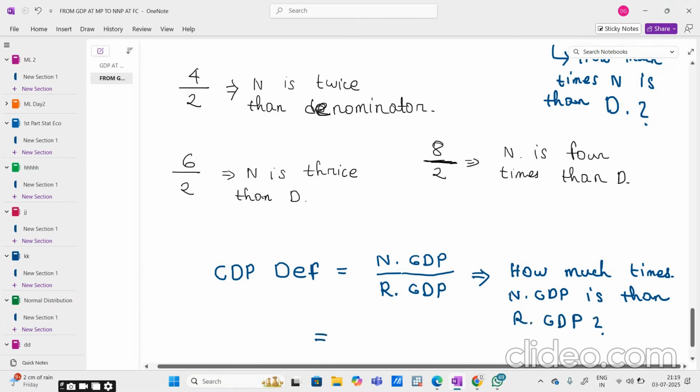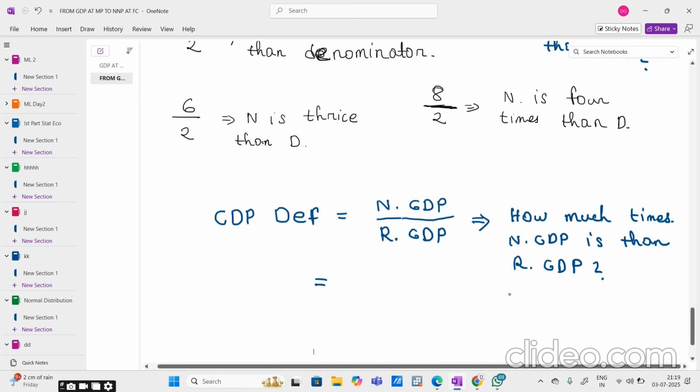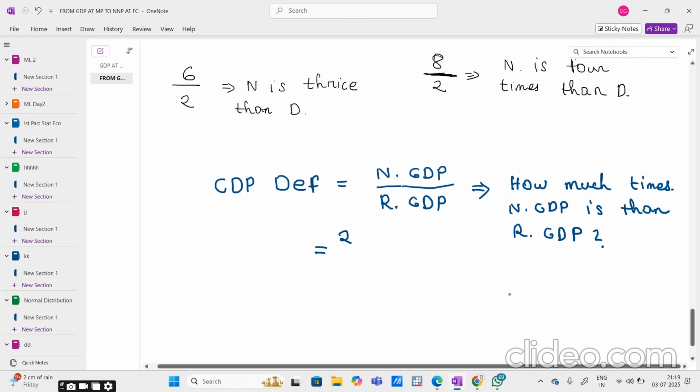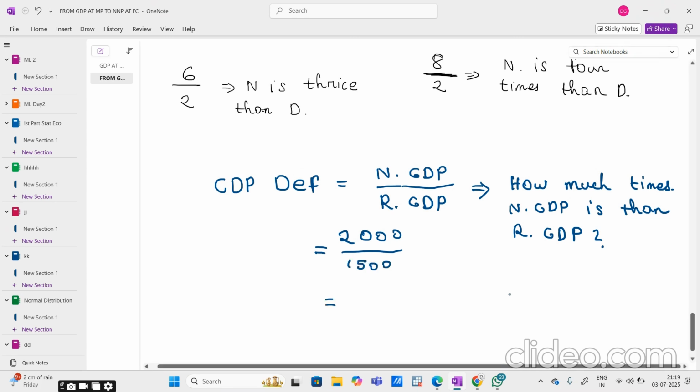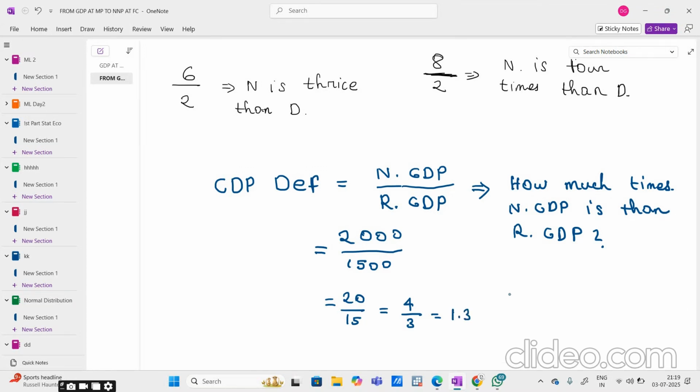Suppose for example that nominal GDP is 2000 and real GDP is 1500. If I calculate it, it will come as 20 by 15, that is 4 by 3, which is 1.33.